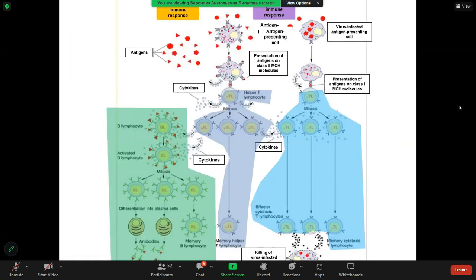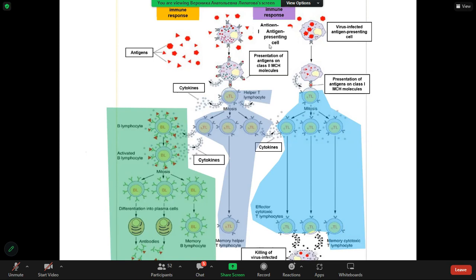This picture illustrates briefly all the components of immune reaction. First of all, cell immune response by differentiated T lymphocyte and humoral response by B cells.